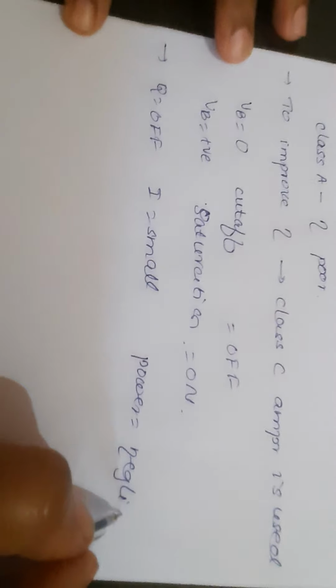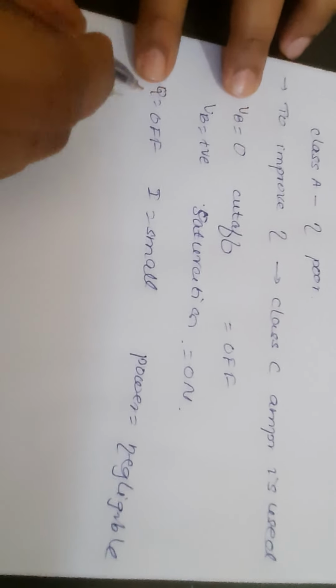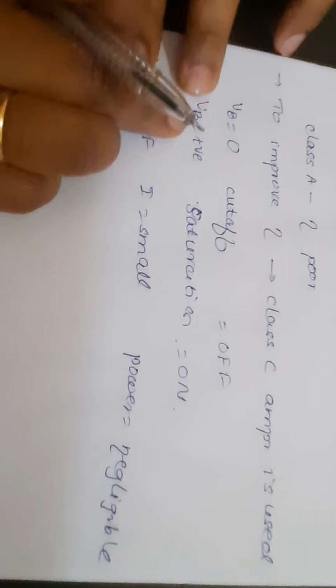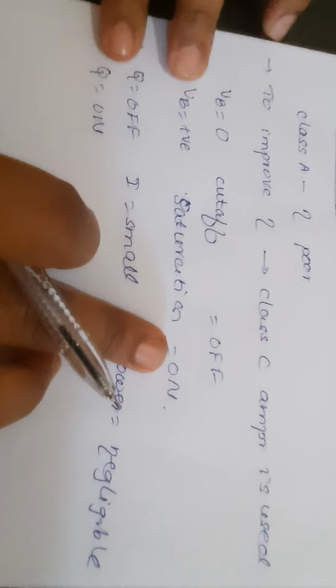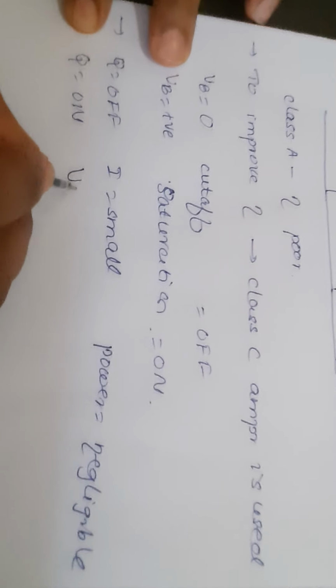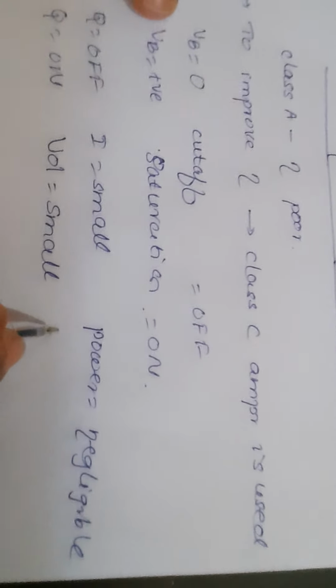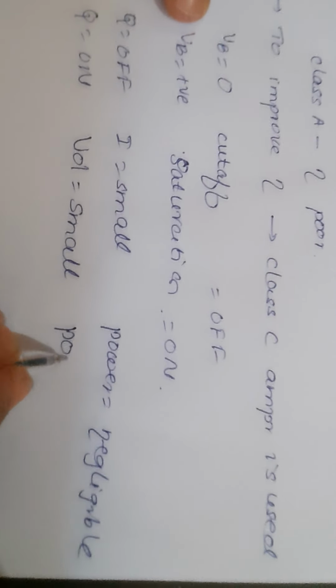We'll take two conditions. When the transistor is off, that is the cutoff condition, power dissipation is negligible. When the transistor is on, that is the saturation region, the voltage across it is very, very small, and again the power dissipation is small.